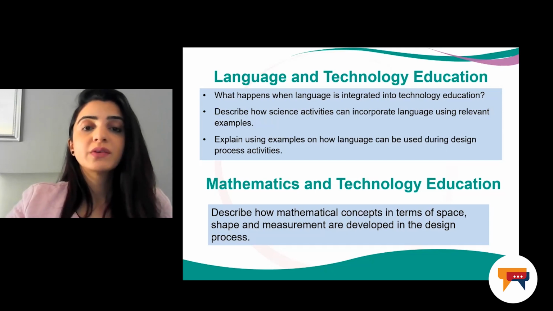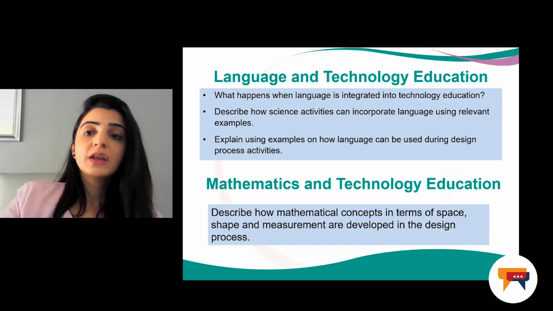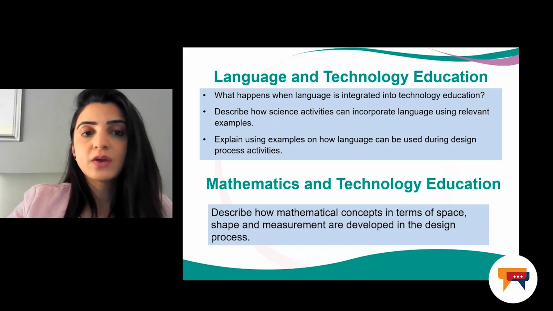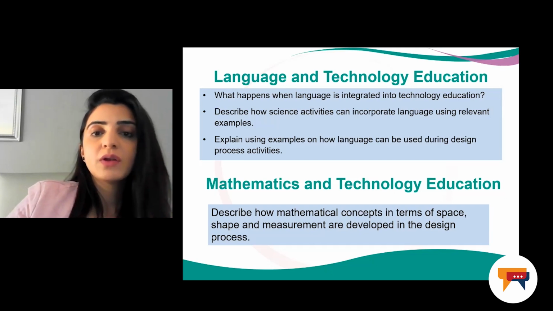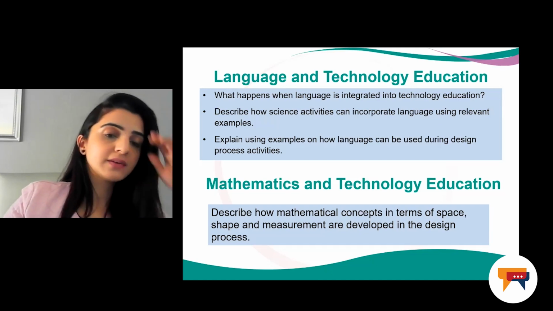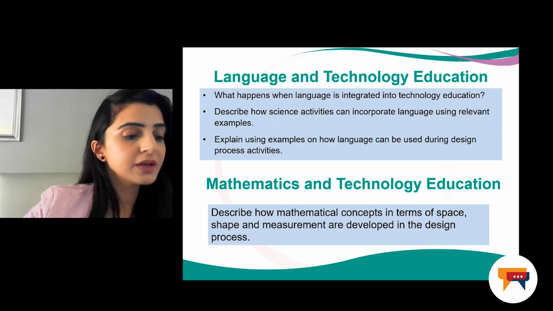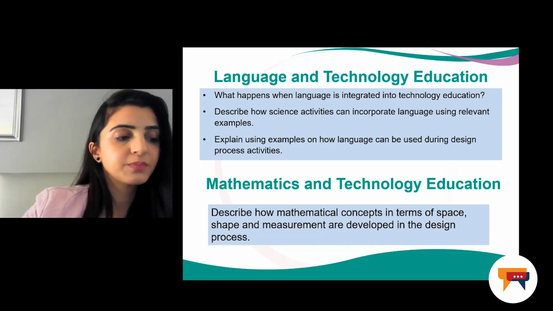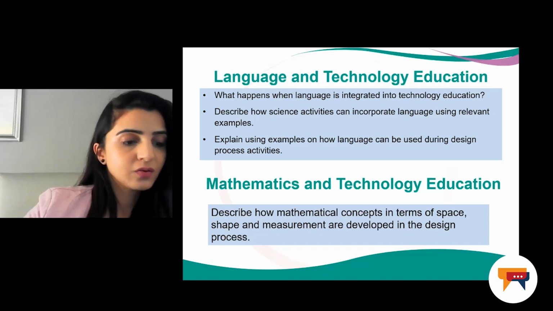They need to describe how science activities can incorporate language using relevant examples. It's very important that you work through the content with examples, like I said, in order for you to be able to apply your knowledge. Using examples on how language can be used in the design process activities is very important. Remember, integrating language into technology education leads to conceptual development, basically, in respect of the language that is used.